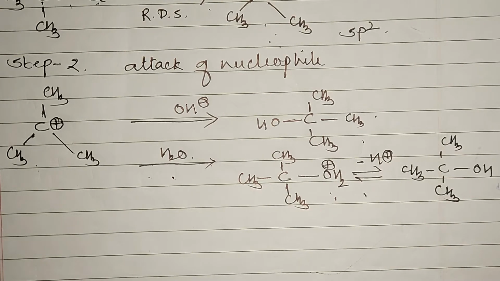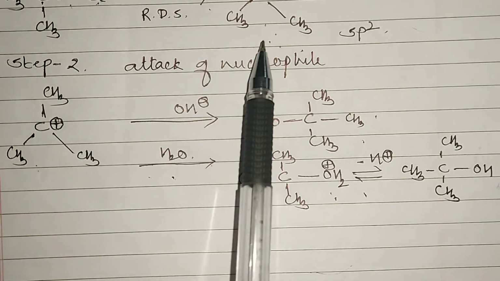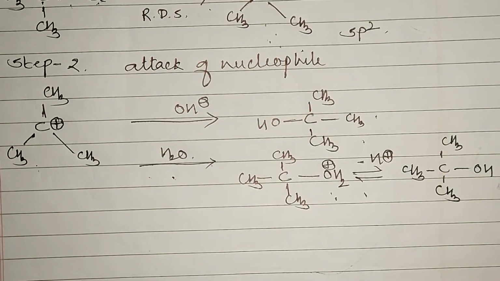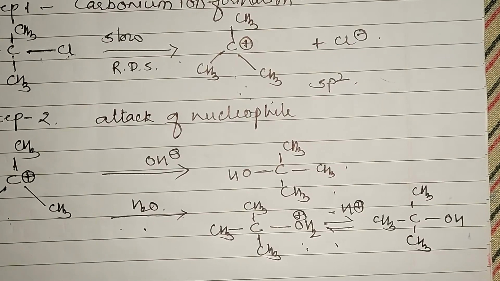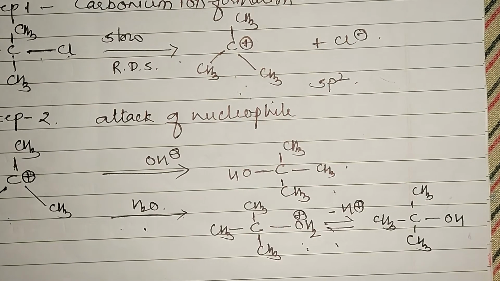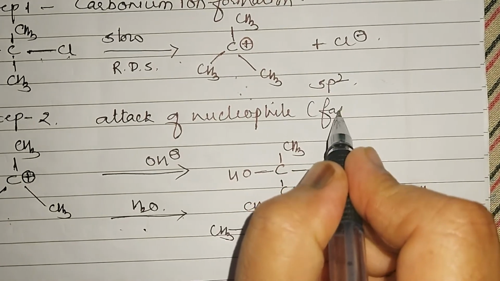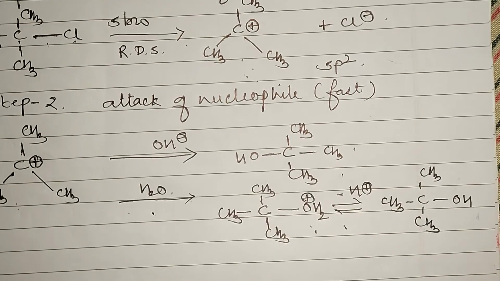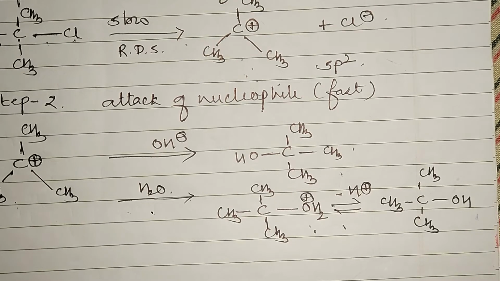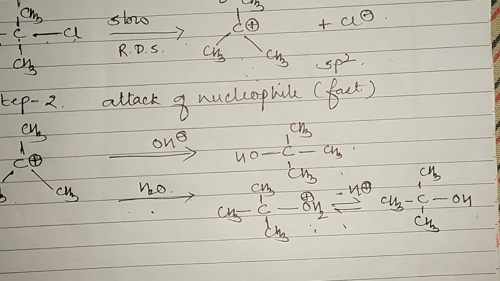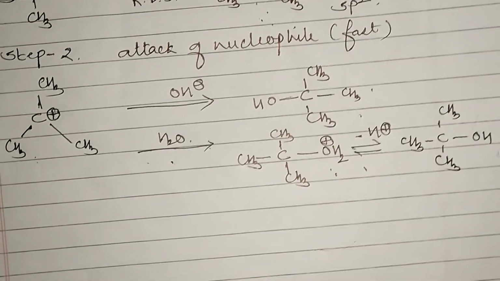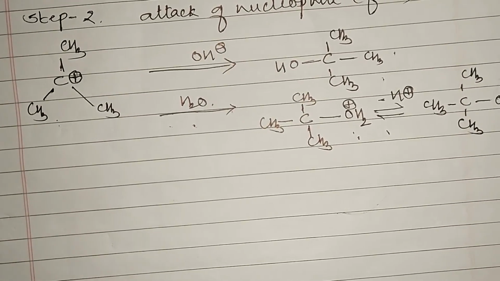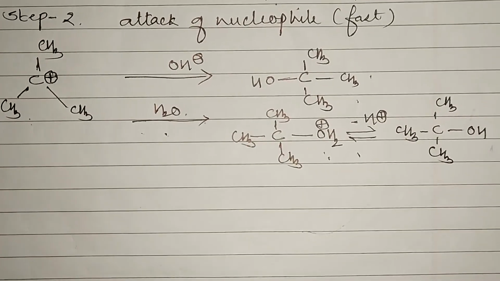In the first step, there is formation of a carbocation which is sp2 hybridized, and in the second step there is attack of the nucleophile. This step is fast and we get alcohol. So this is the simple mechanism of the SN1 reaction. Now we will see the energy profile diagram of this reaction.